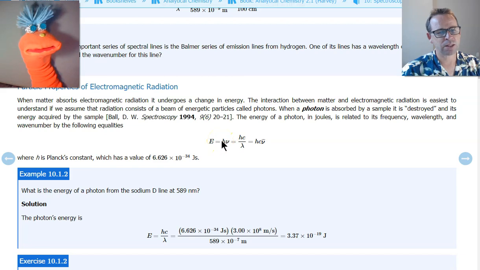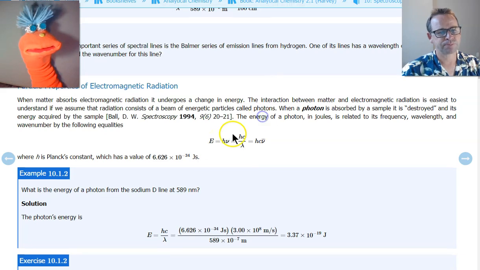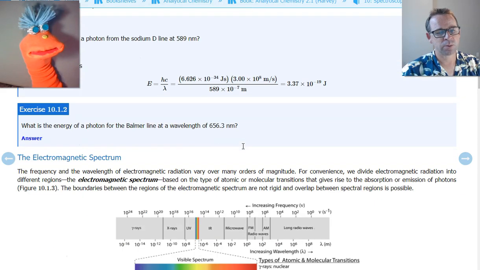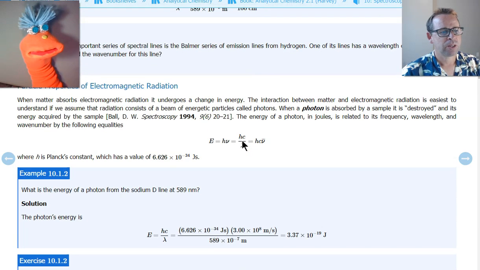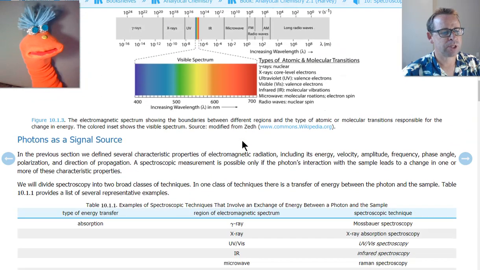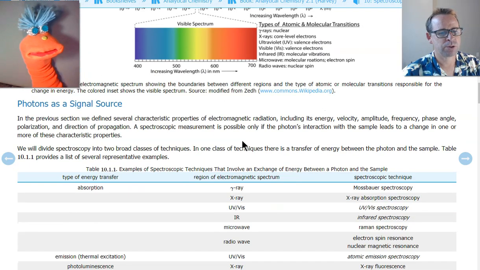Using Planck's constant here as a constant that will give us the correct units in joules as opposed to cycles per second. That's what Hertz is. And we can find out the relationship between energy and wavelength, right? Inversely proportional. And that's what we're seeing here. Longer the wavelength, lower the energy. Okay, so those are some relationships that we probably already knew and should remember.